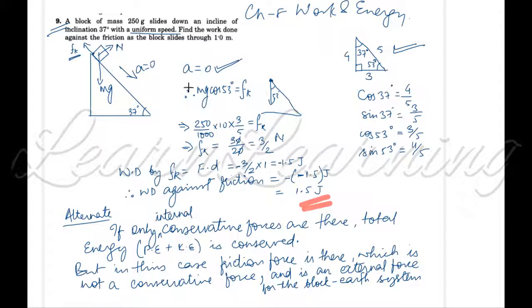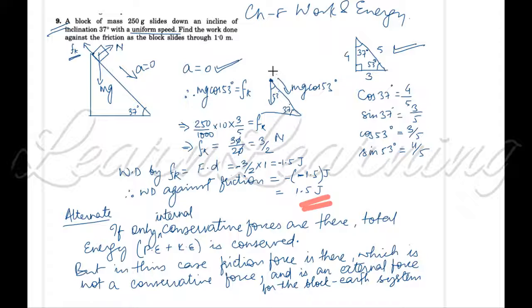So the force in this direction will be equal to mg cos 53 degrees. You can see it like this. This is 37 degrees, so at this point it will be 53 degrees. So this is mg, and in this direction it gives you mg cos 53 degrees, right?